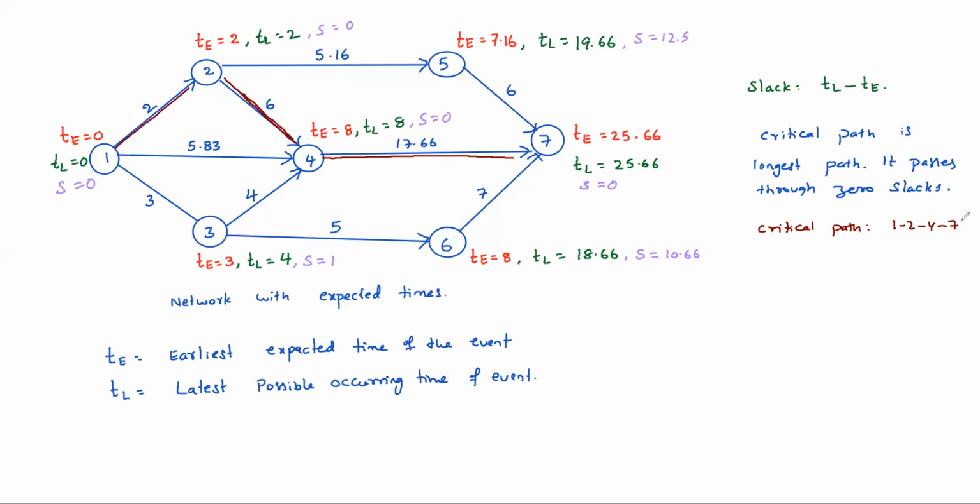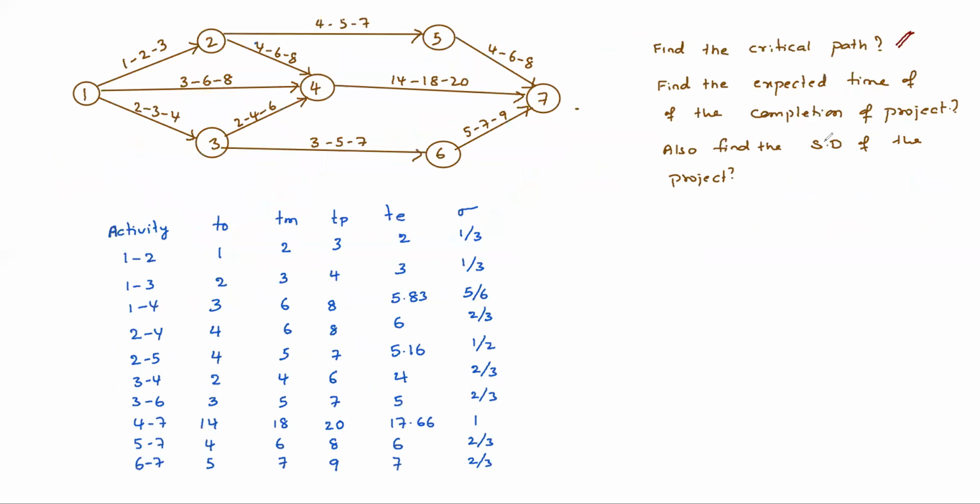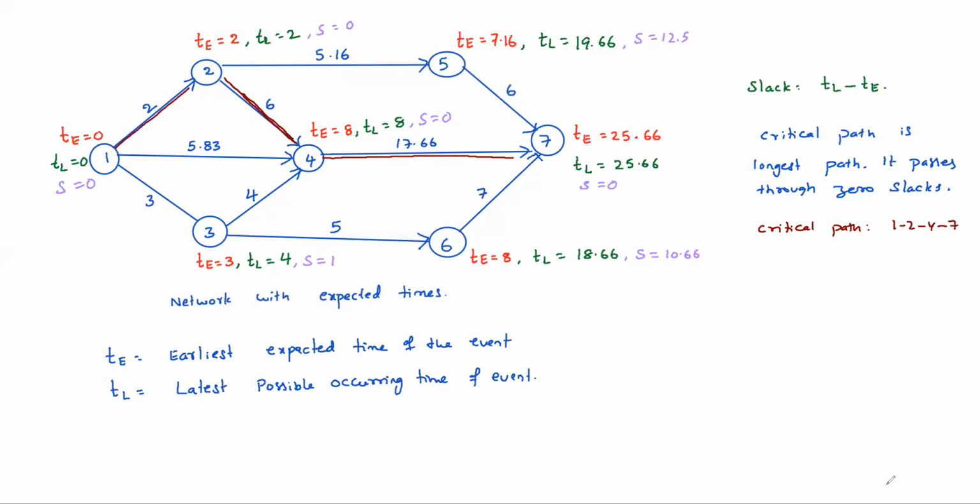By visual observation also you can tell that 1247 is the critical path. After that, find the expected time of the project. The project expected time is 25.66. That's also clear.